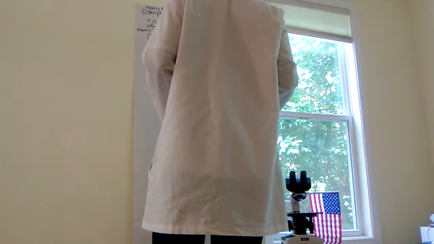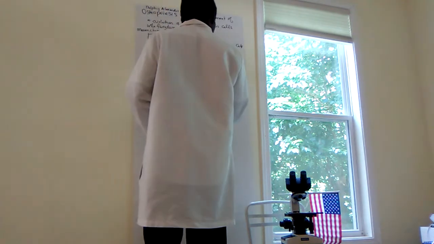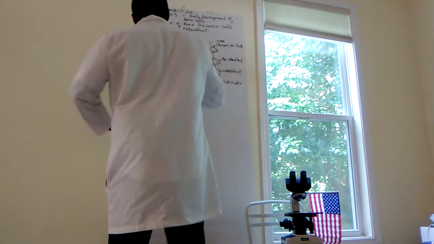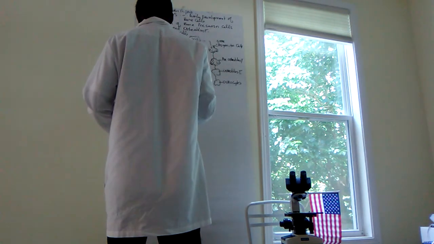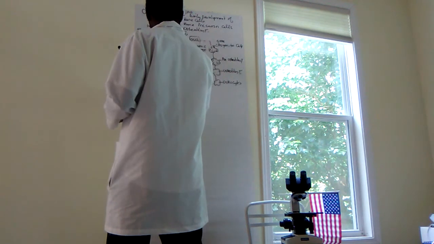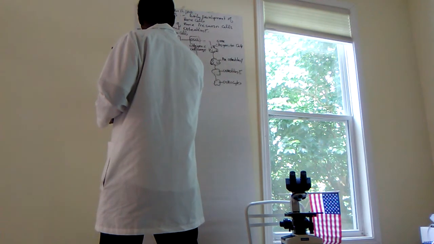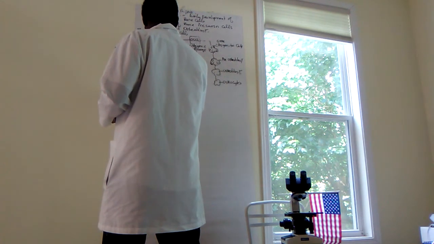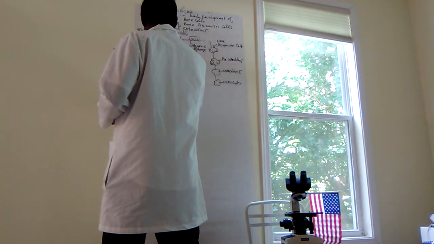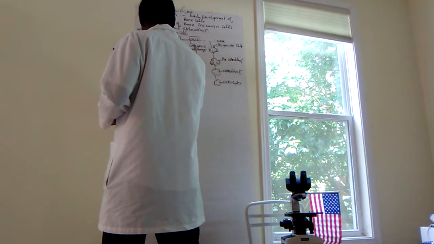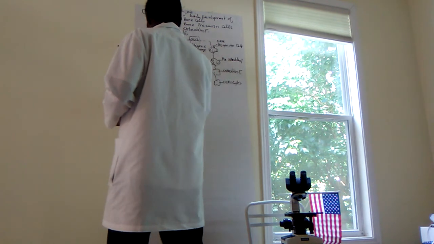And furthermore, there is another form of bone cells which form on the surface of the bone, called osteoclasts, and these are sourced from monocytes, which are specialized white blood cells.